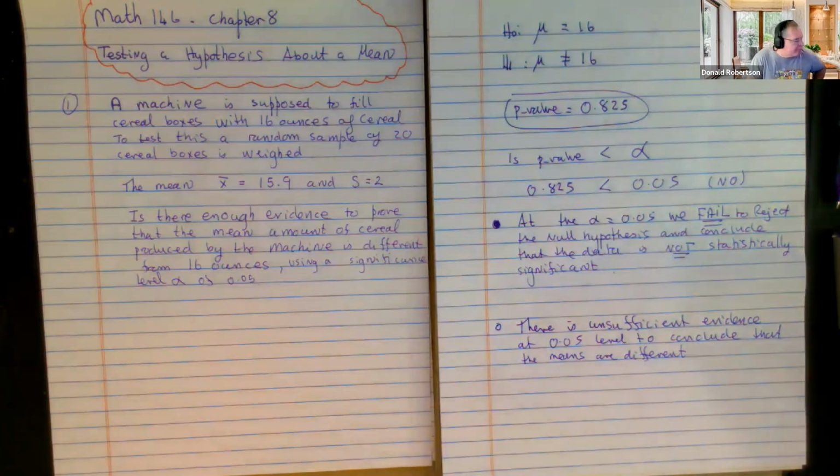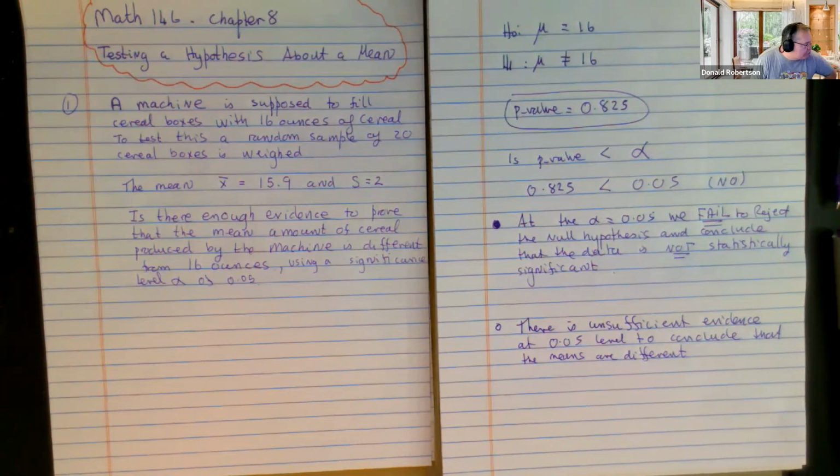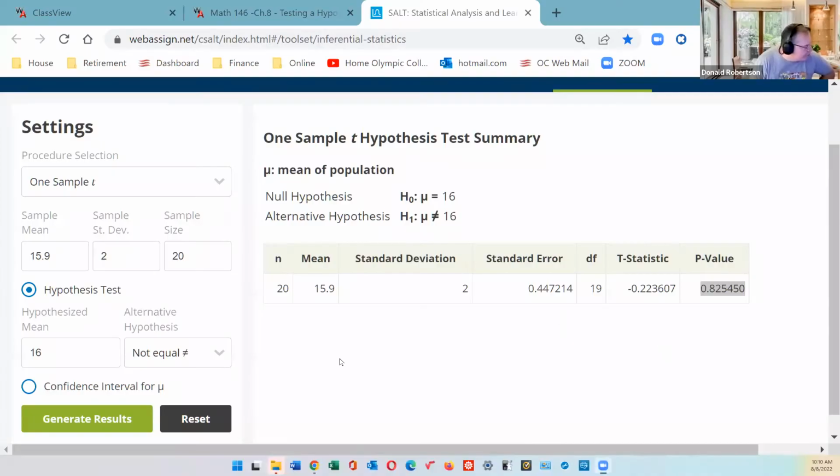You're not going to get into trouble, right? Things are great. So I'm now going to return to salt, and I'm going to change the sample size to 200. Do you think the p-value is going to get smaller than 0.82, which is what it is right now, stay the same, or get even worse?